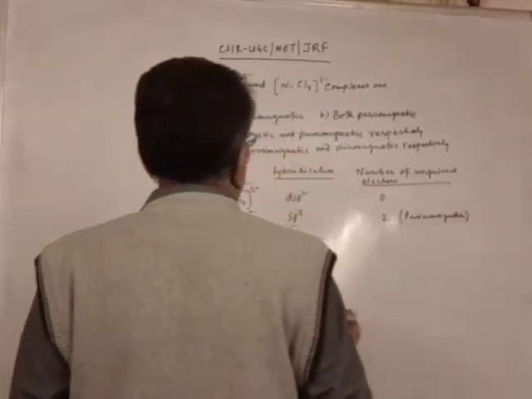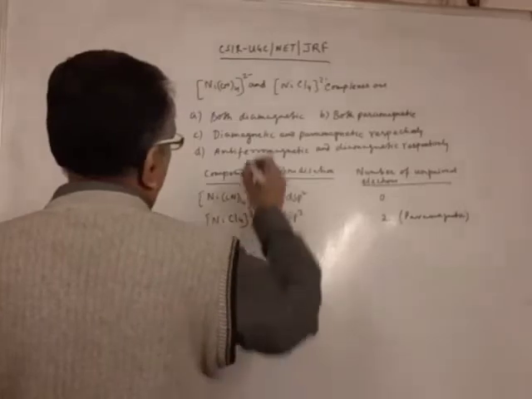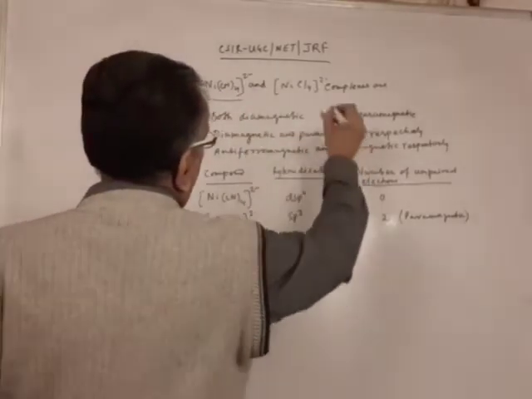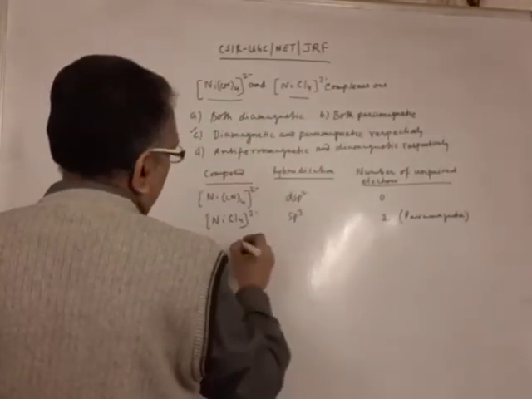So what we see is that this one is diamagnetic and this one is paramagnetic. So C is the correct option.